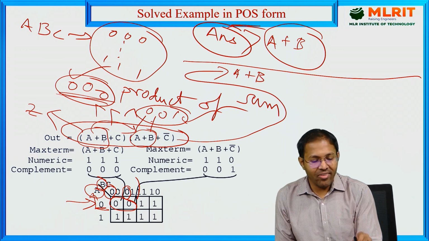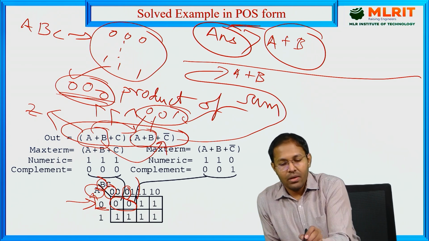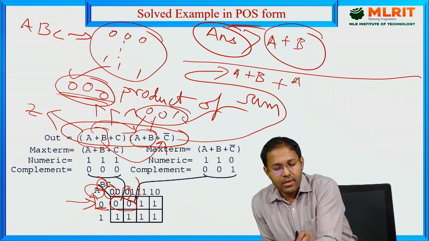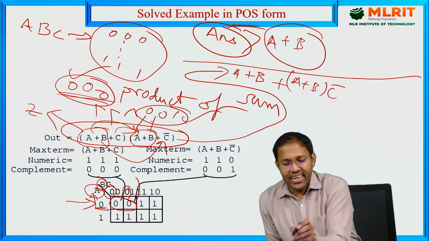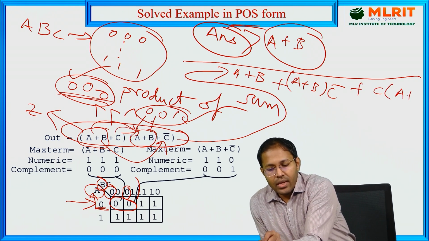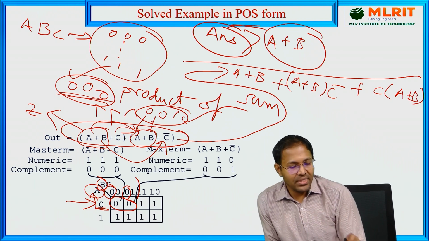Then when we multiply this term here, we get A plus B into C bar. Next, when we multiply this C here, we get C into A plus B. Last term, C into C bar.